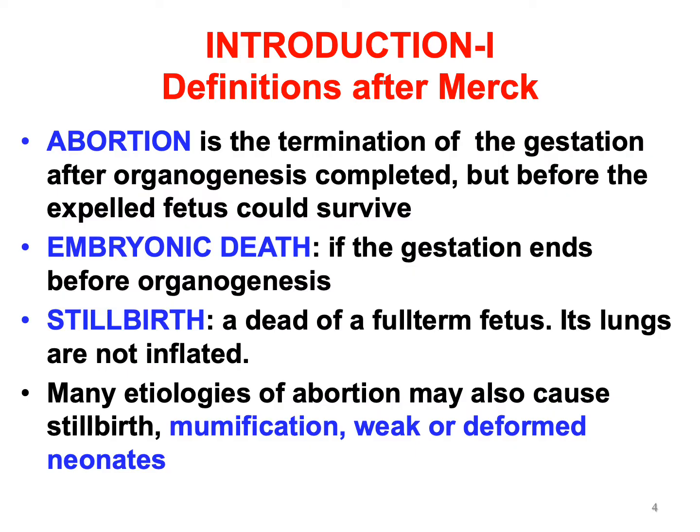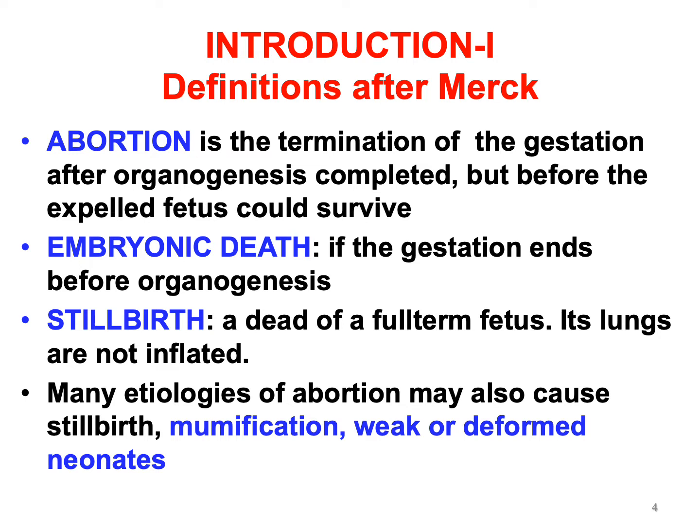Before all, we have to review the definitions after the up-to-date Merck Veterinary Manual. What is the abortion? Abortion is the termination of the gestation after organogenesis completed, but before the expelled fetus could survive.